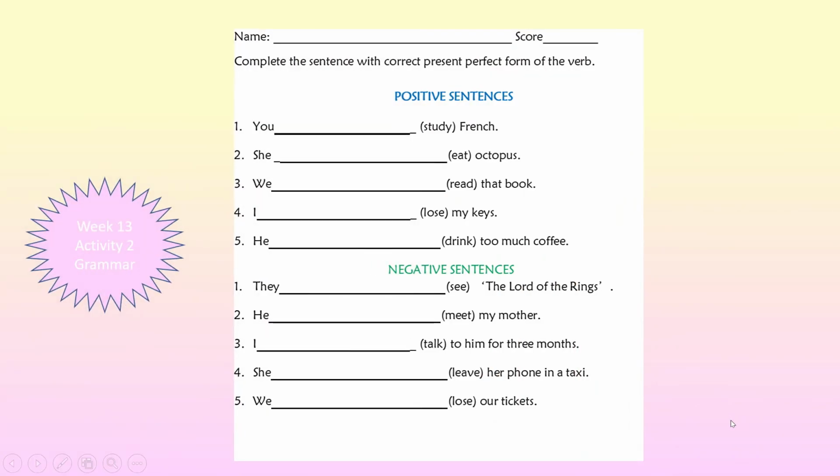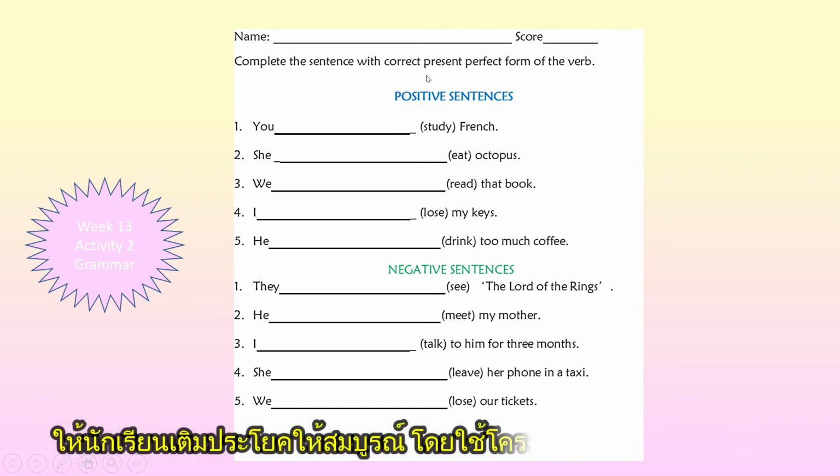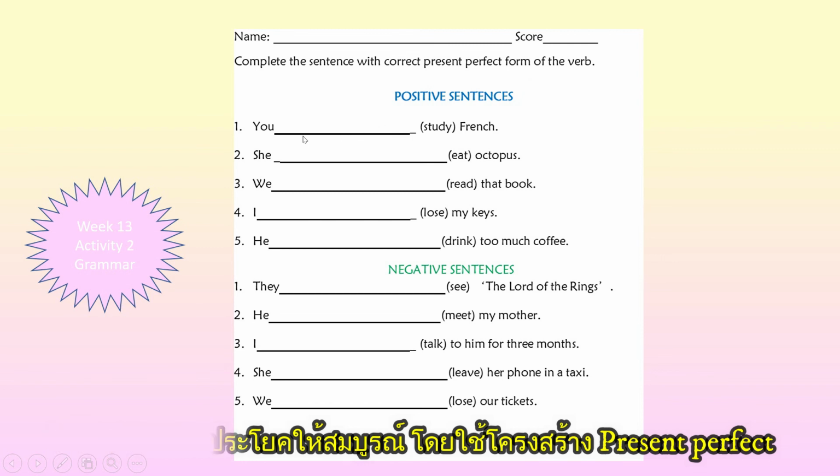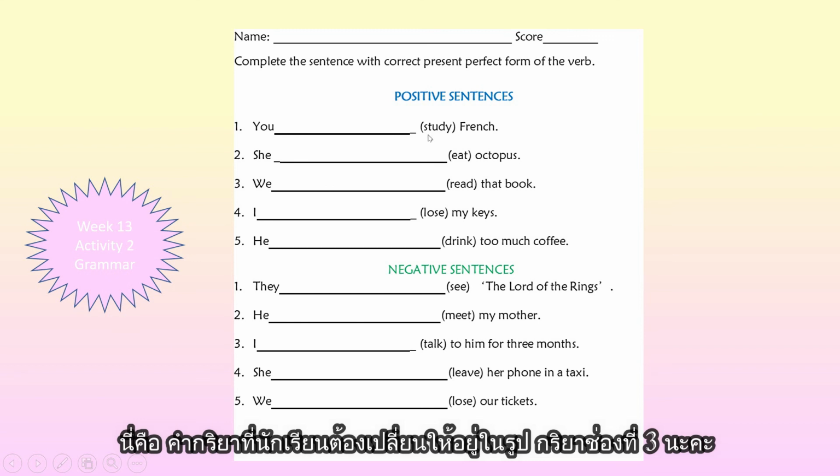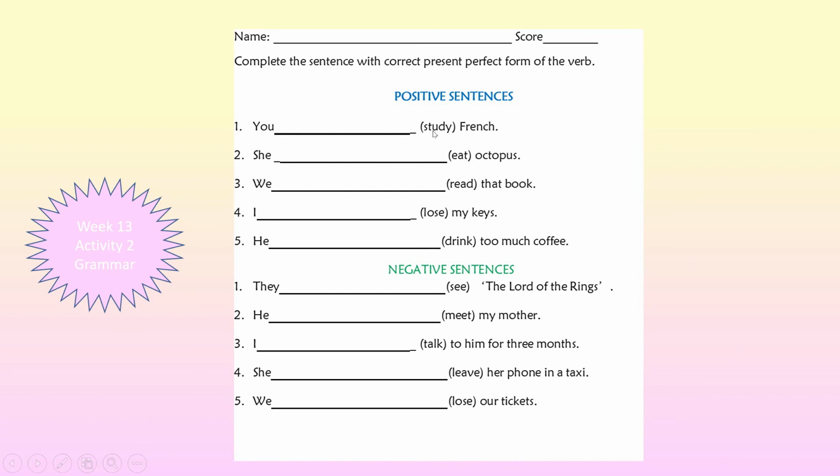Alright, for your activity number 2, complete the sentence with the correct present perfect form of the verb. The main verb is in parentheses, however it is in the present form.